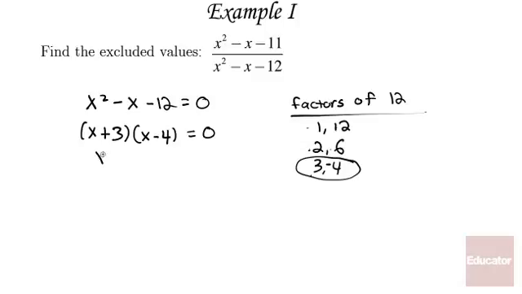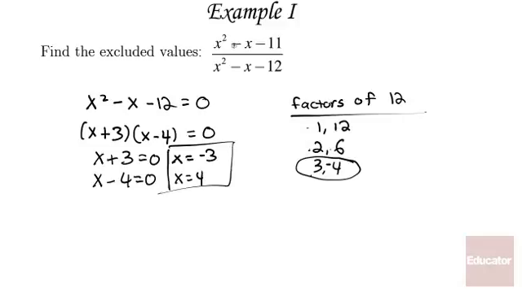Using the zero product property, that gives me x plus 3 equals 0, and x minus 4 equals 0. Subtracting a 3 from both sides gives me a -3. Adding a 4 to both sides gives me a 4. So excluded values for this rational expression are x equals -3 and x equals 4. Because in either of those situations, the denominator would end up being equal to 0.